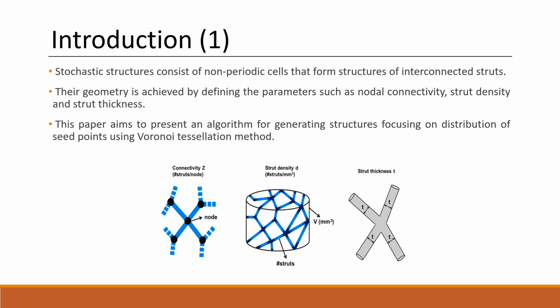There are errors in the nodes of the generated stochastic structures that prevent the implementation of numerical analysis. Therefore, this paper aims to present an algorithm for generating stochastic structures with semi-controlled nodes, focusing on the distribution of seed points using the Voronoi tessellation method.